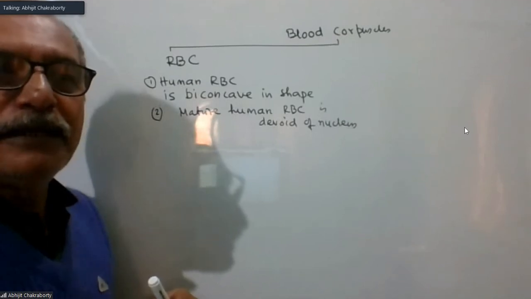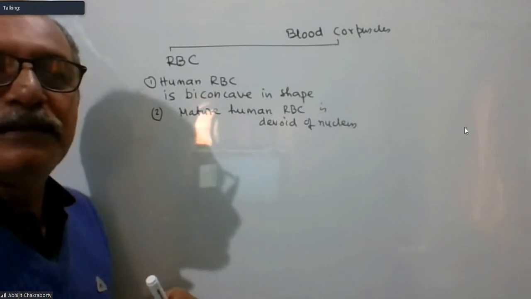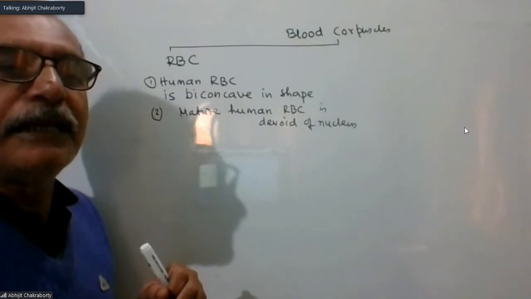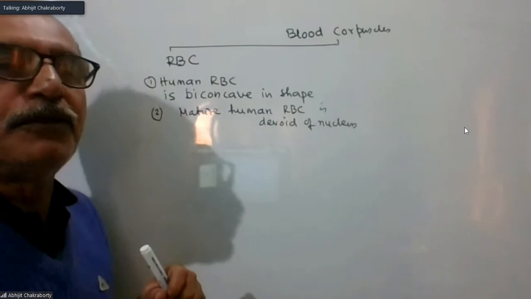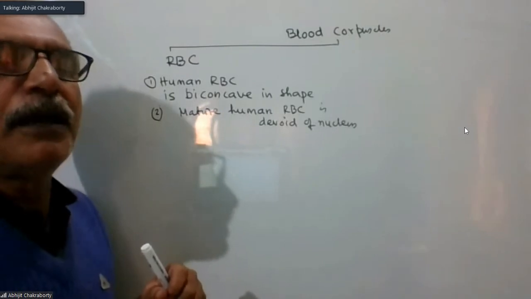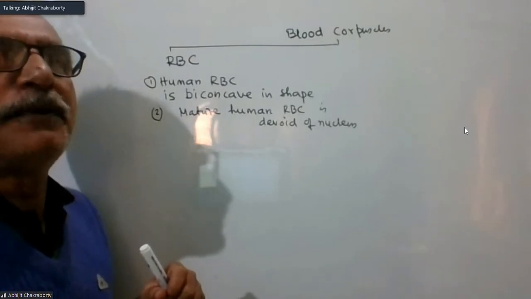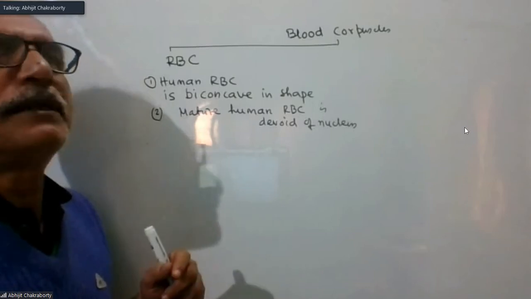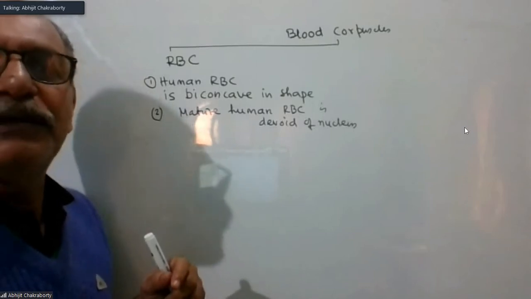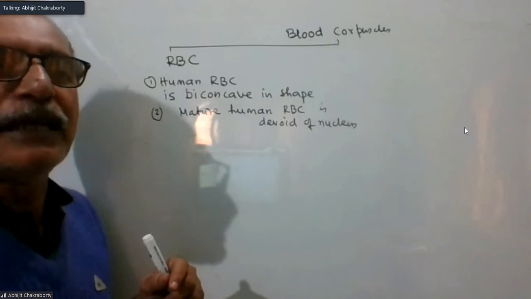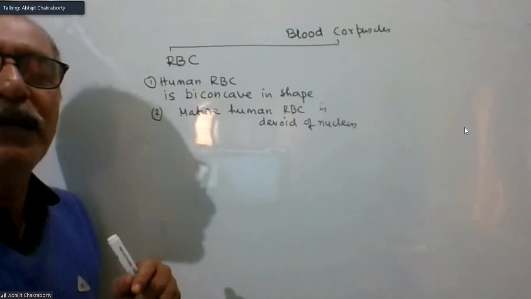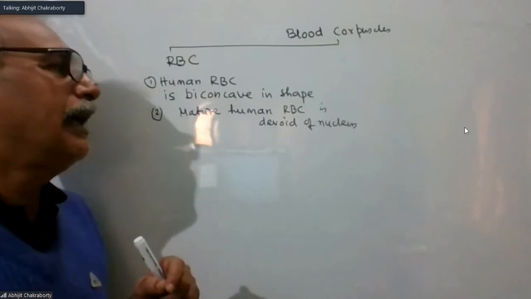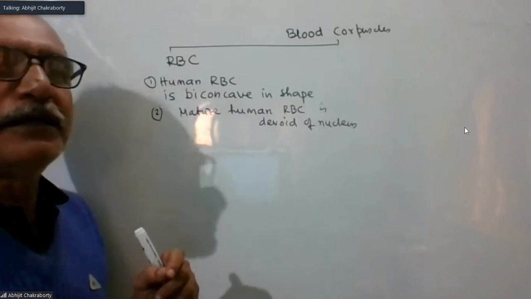Are you getting me? If it has a nucleus in the center, then it is very difficult for the RBC to be squeezed, because the diameter of the capillary is almost 5 micron, whereas the RBC is 7.2 micron. So it is required to be squeezed in the center so that it can pass through the capillaries. This is possible as RBC is devoid of nucleus.